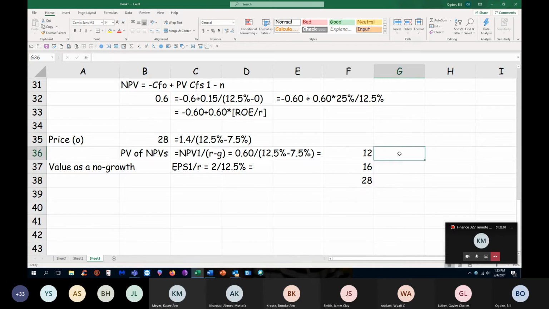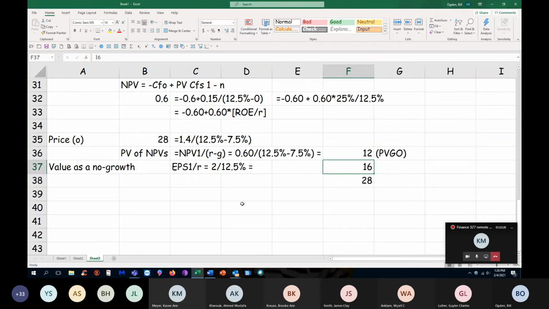And what is this $12? This is what we have called the PVGO. So that's the present value of the growth opportunities. 16 is what the company would be worth if it earned $2 and paid 100% of it out every year.